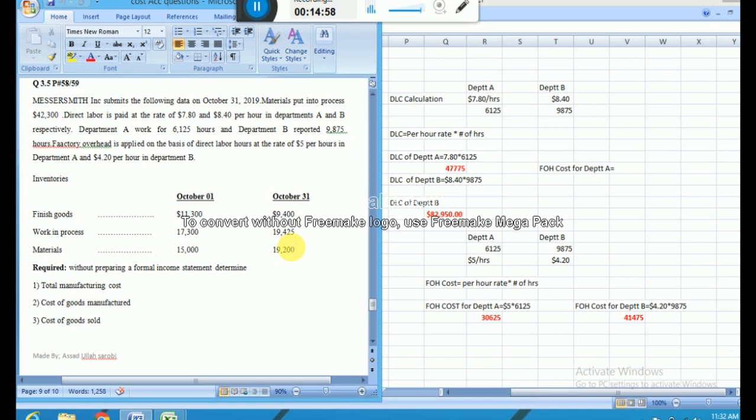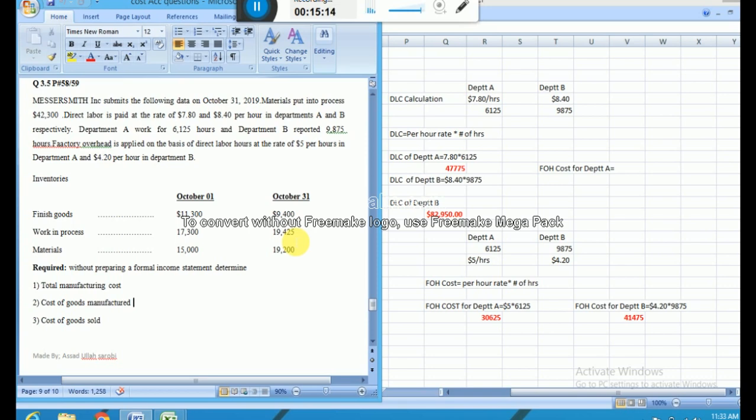So it will be converted in the upcoming month. From the current month we will subtract it. How much? 19,425. This is the remaining work in process, meaning ending work in process.